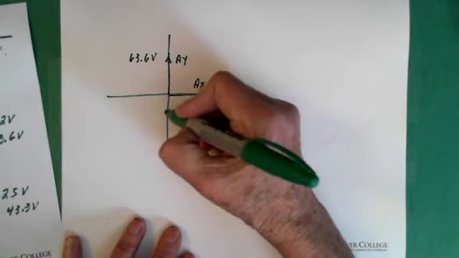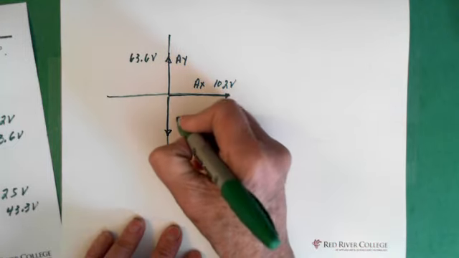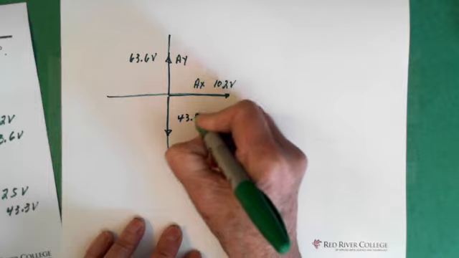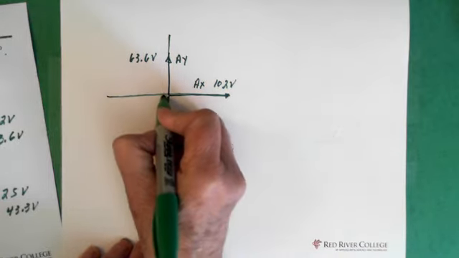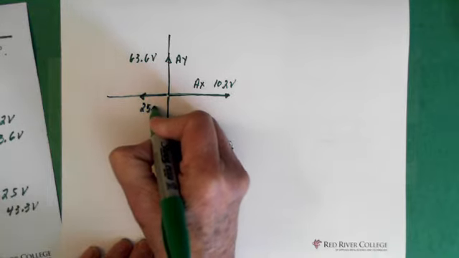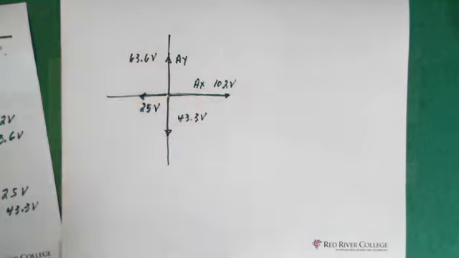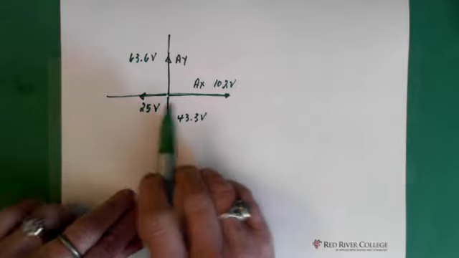So then BY is down here, and that's our 43.3 volts. And our BX is going in this direction, and that's our 25 volts. Okay. So now what we're going to do is add these up.